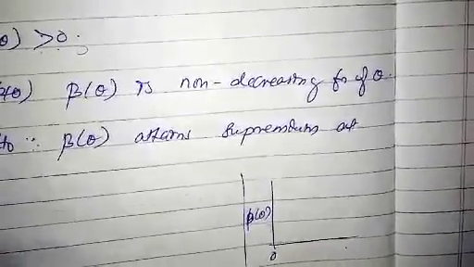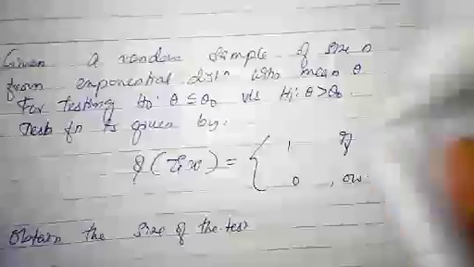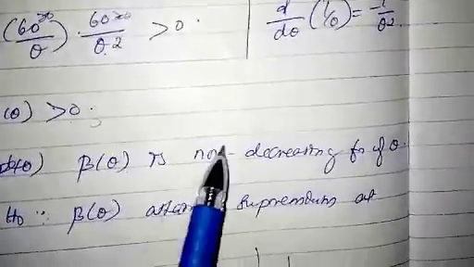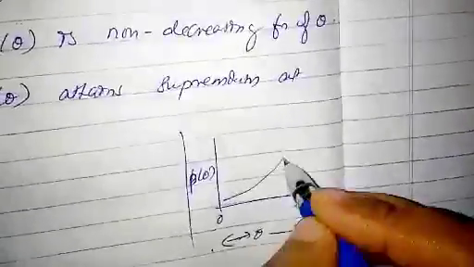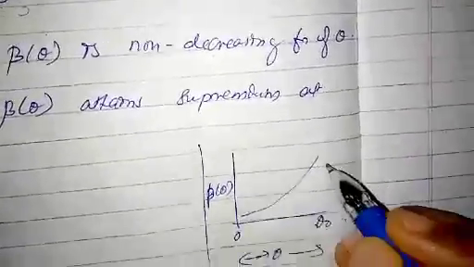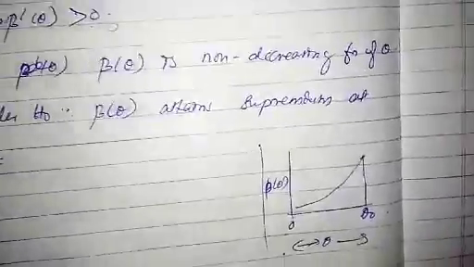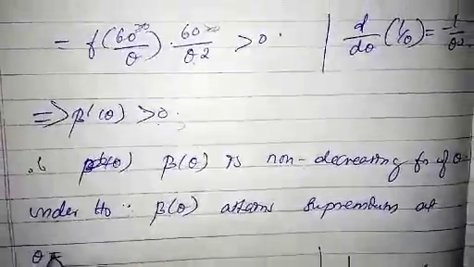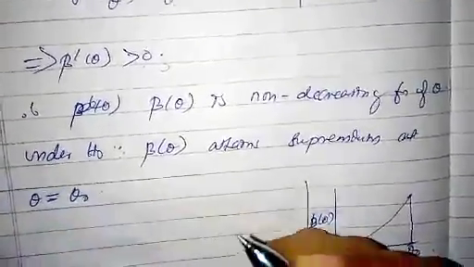So its theta values are 0 to theta naught. It's given, right? Theta is less than or equal to theta naught. So we can take here 0 to theta naught. Then beta of theta is an increasing function of theta. Here we can say that beta of theta attains supremum at theta equal to theta naught.